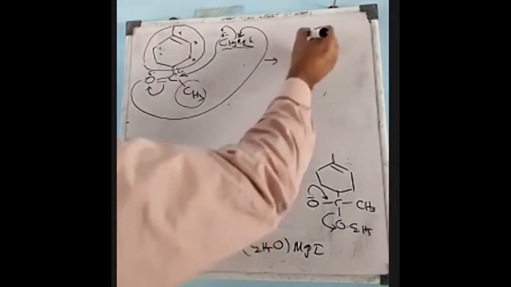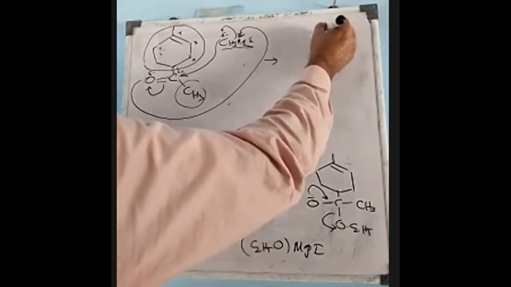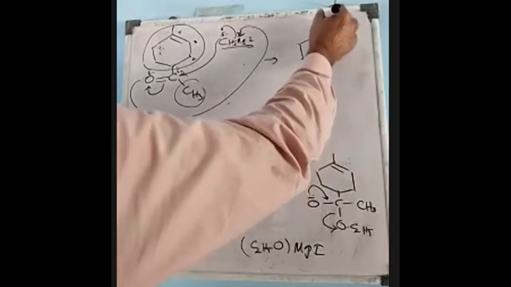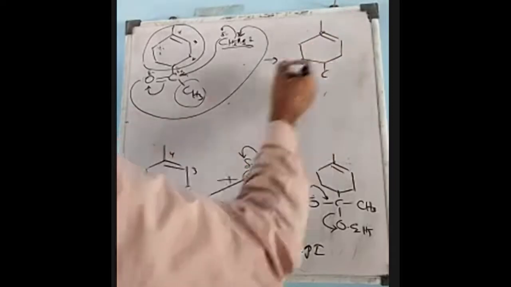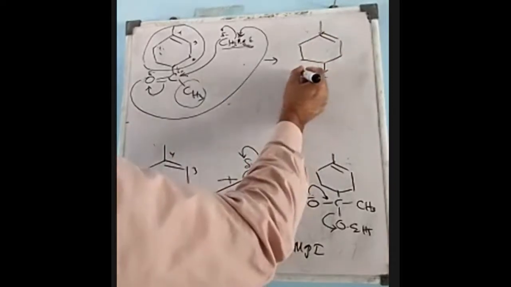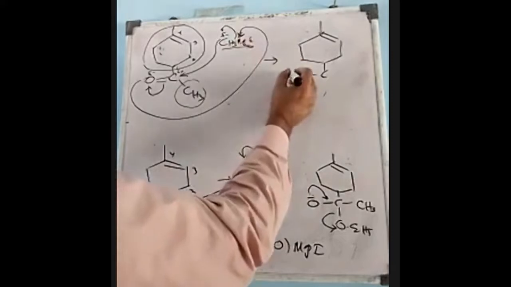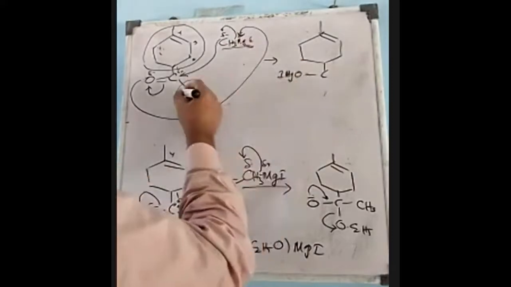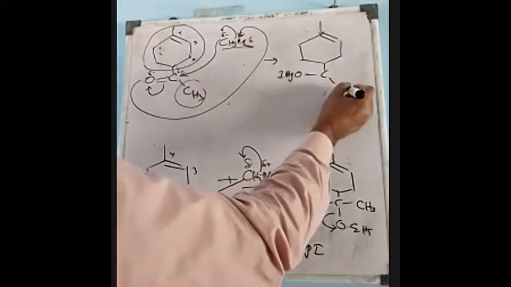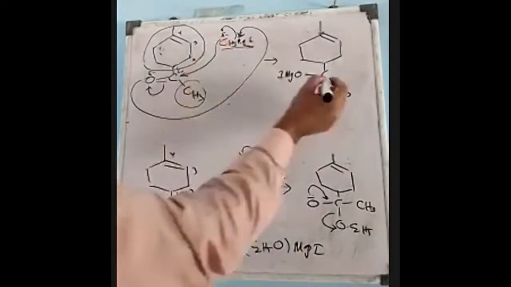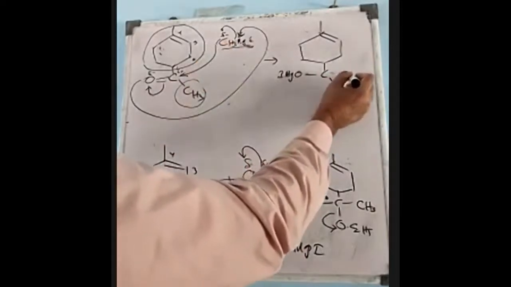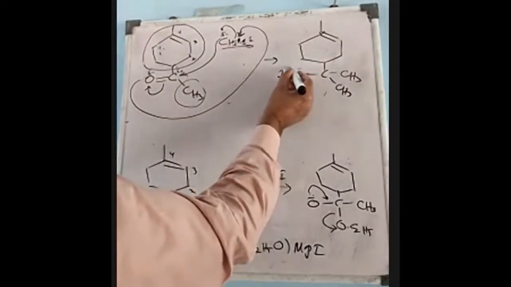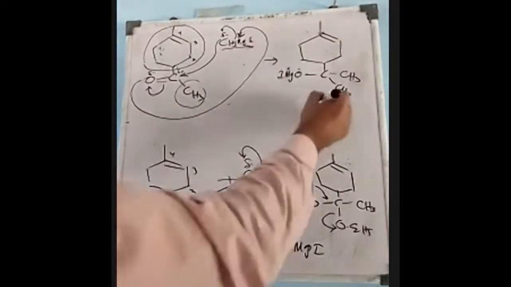So now this compound is produced: the carbon with O, here magnesium iodide, and the methyl group remains as it is. Another methyl is introduced, so we have this compound, with the electronegative and electropositive ends.